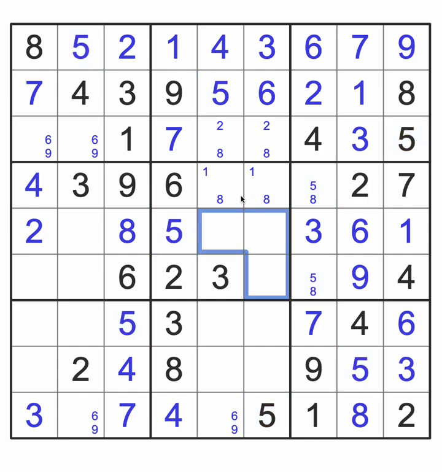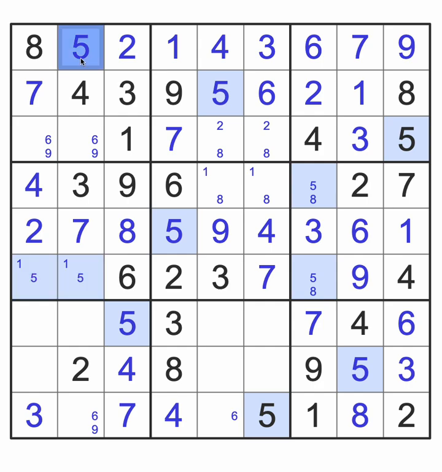And because 1, 8 double here, these 3 cells will be 4, 7, 9. 4 and 9 block this cell, gives me 7. Here's 4, which blocks this cell, gives me 9 and 4. And this cell will be 7. These are 1 and 5. 5 here makes this cell 1, gives me 5.